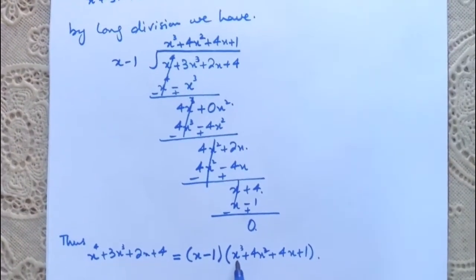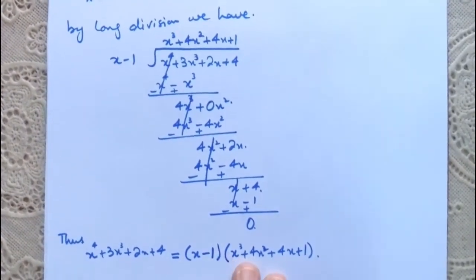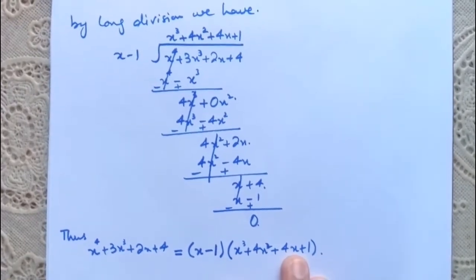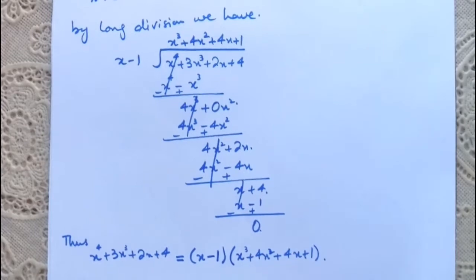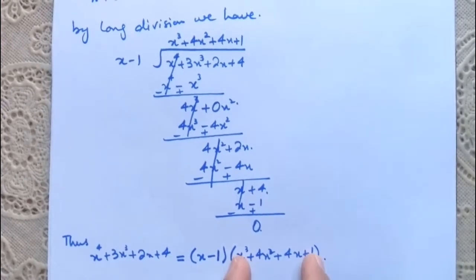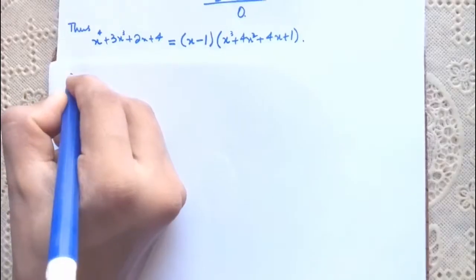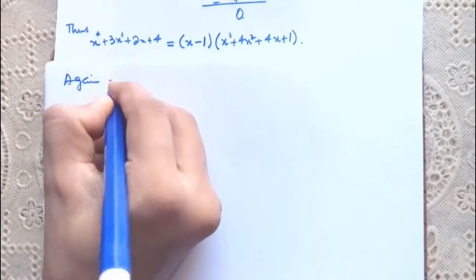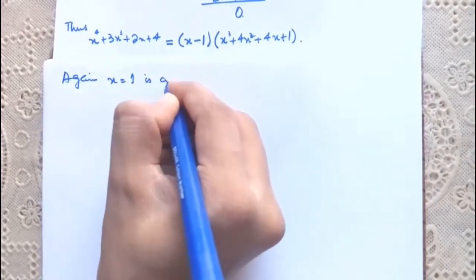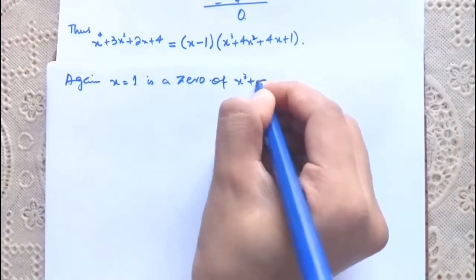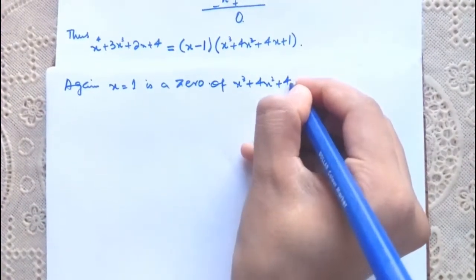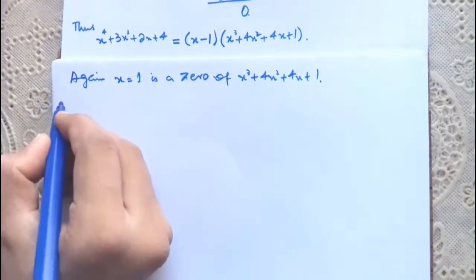If we put x = 1 here, we will get 10, and 10 in Z5 is equal to 0, so x = 1 is again a root of this polynomial. So again x = 1 is a 0 of x^3 + 4x^2 + 4x + 1.